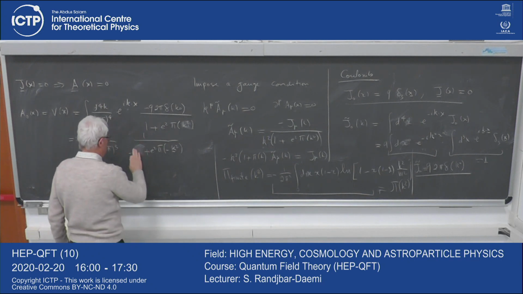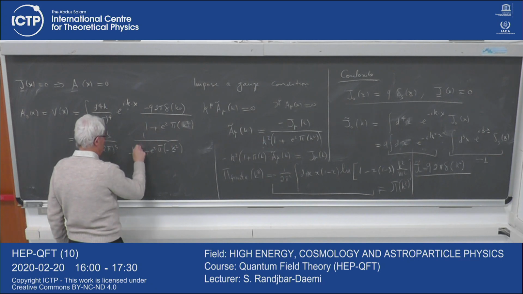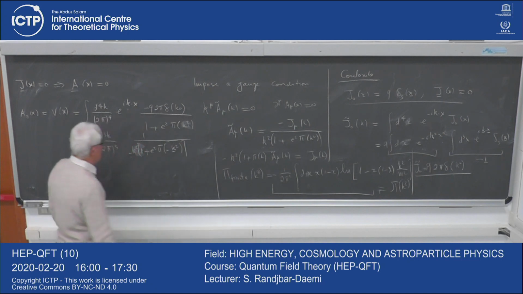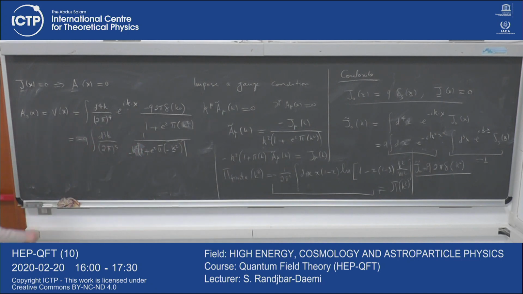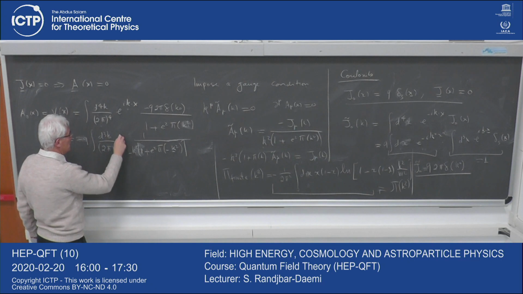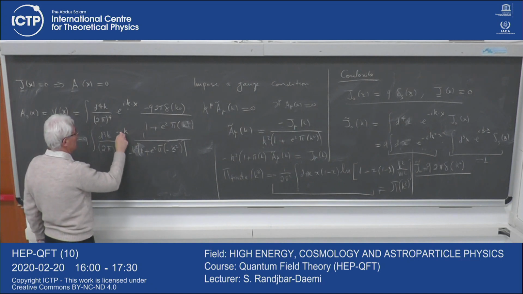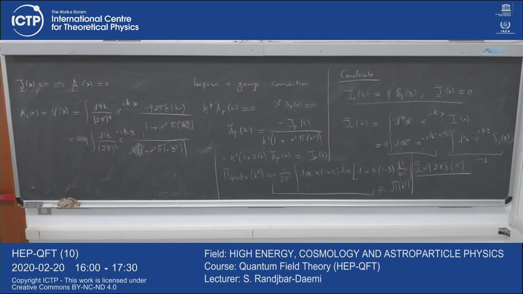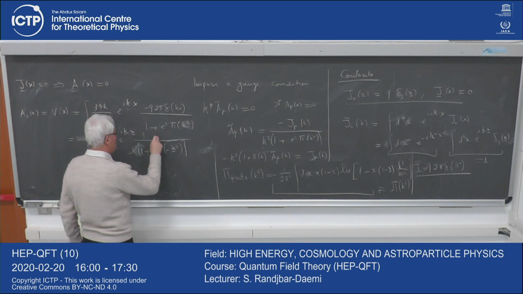And again, there is a bracket here, of course, 1 plus that. And then in the exponent here, we have minus i k dot x.